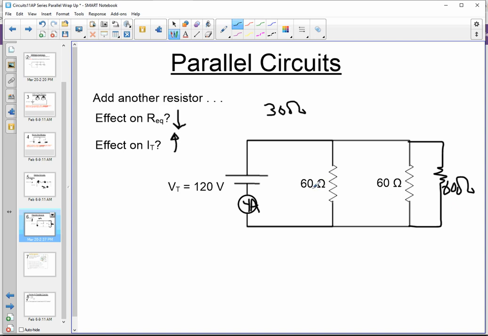So take the 60, divide by the 3, and we now have a new equivalent resistance of 20 ohms. So as predicted, the equivalent resistance went down. What does that do to the total current? Well, since they're inverses of each other, the total current goes up. So the math indeed backs up our original predictions.